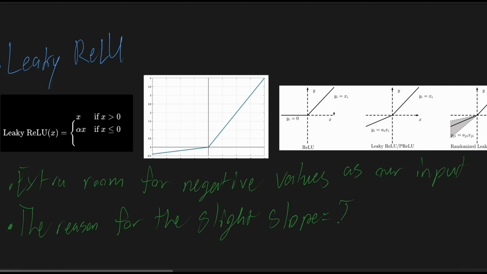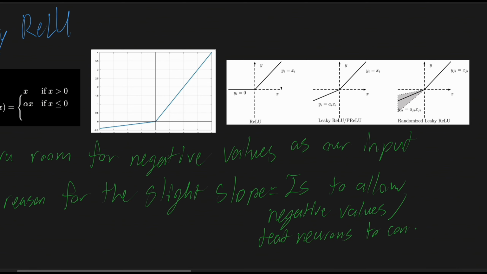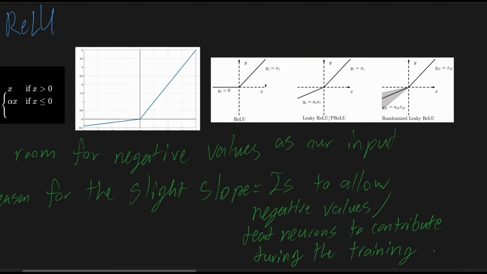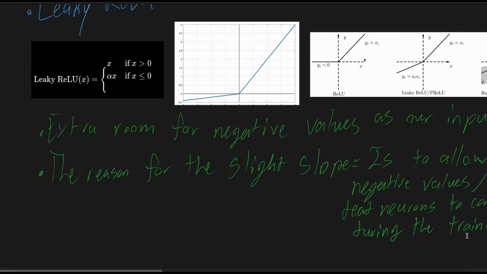So the reason for the slight slope is to allow negative values / dead neurons to contribute during the training process, as there is always a gradient flowing through them, so that is why in particular.